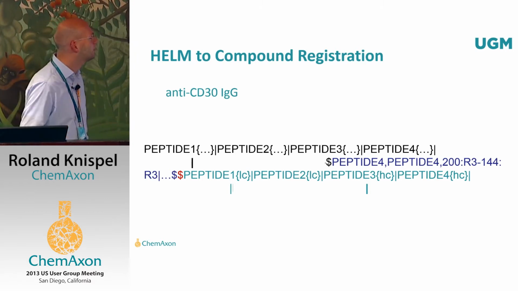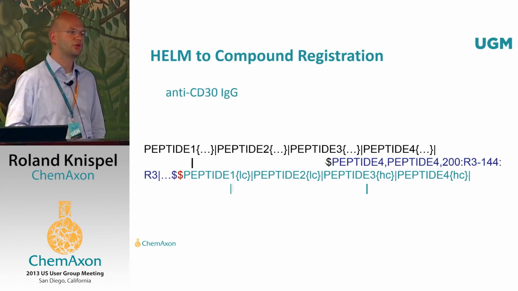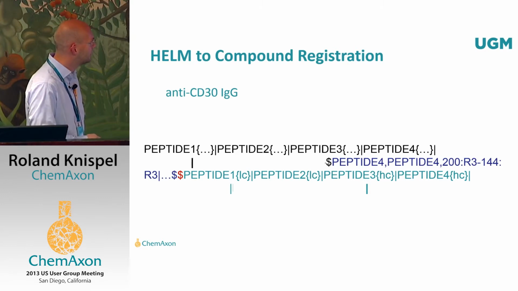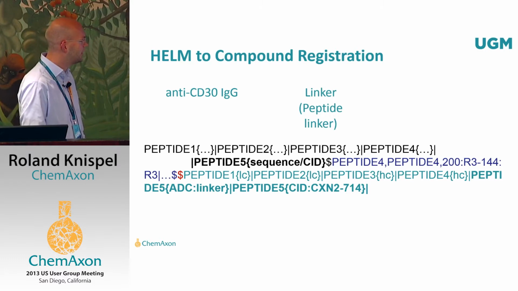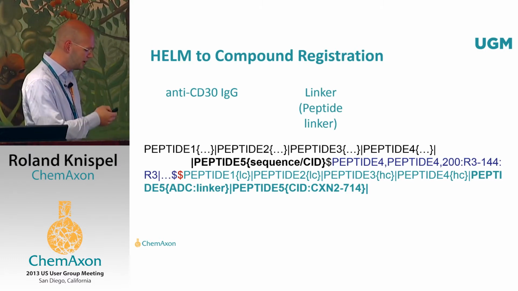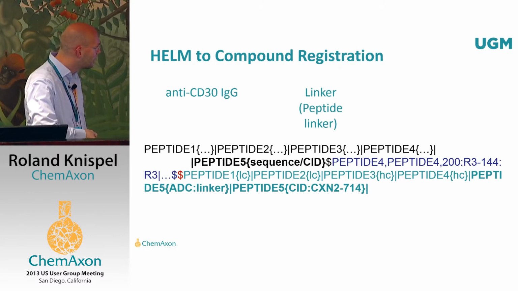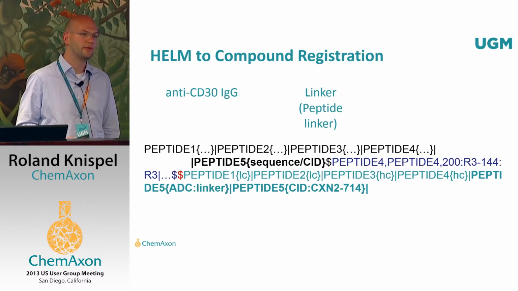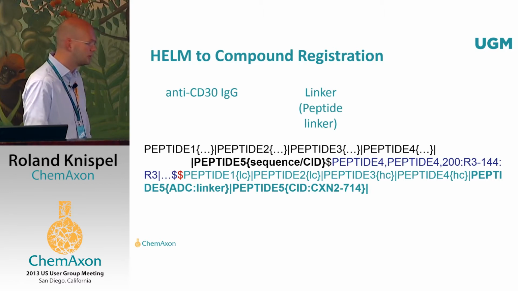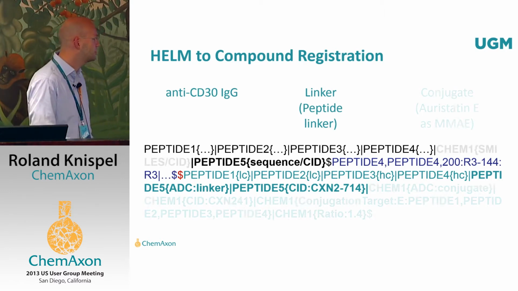So starting off from the registration of HELM, what is required, if you had the example of such an antibody-drug conjugate, is that the antibody is somehow represented in your string. The corresponding linker is a peptide linker, which is indicated here. And you have the corresponding annotation for it that can come with a compound identification number from your registration system, so you can at any time look it up in your compound registration.